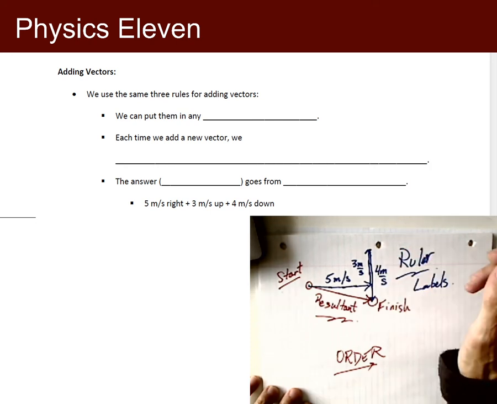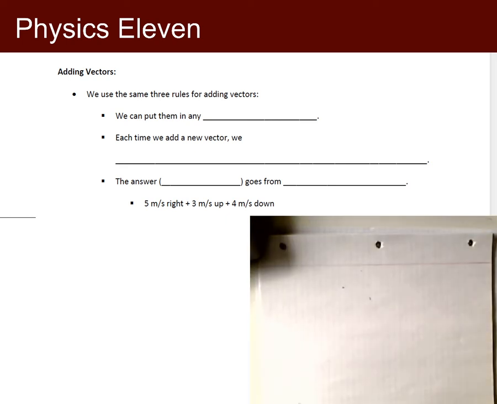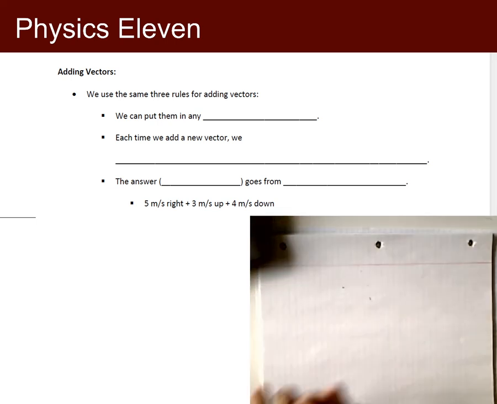One vector on top of the other one. So if you're okay with changing the order around, then instead of doing it in the order that's given, let's just switch it up.